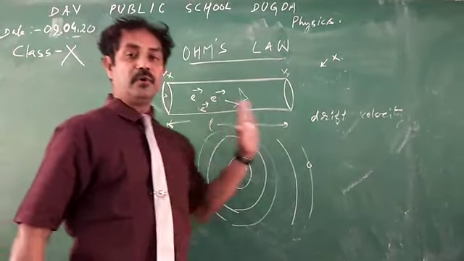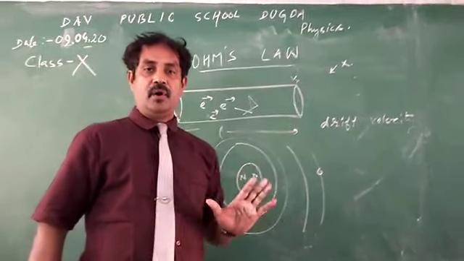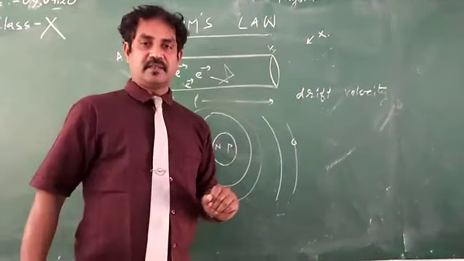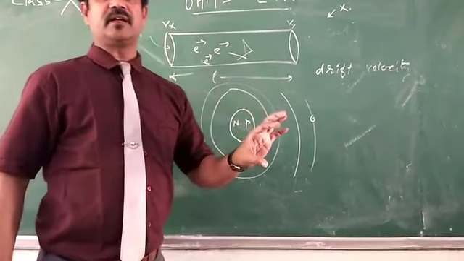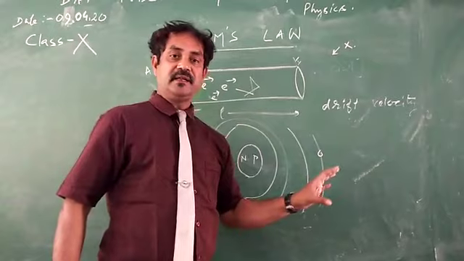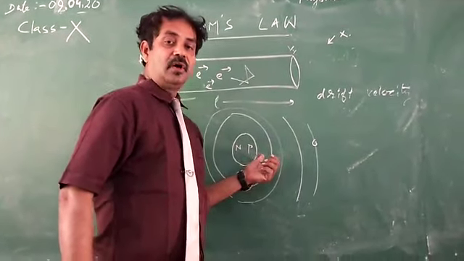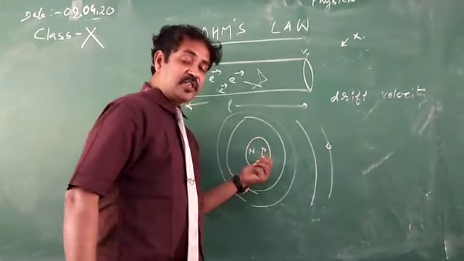When an electron moves under the influence of potential difference, the movement of the electron is opposed by the atoms, or more specifically the positive ions.